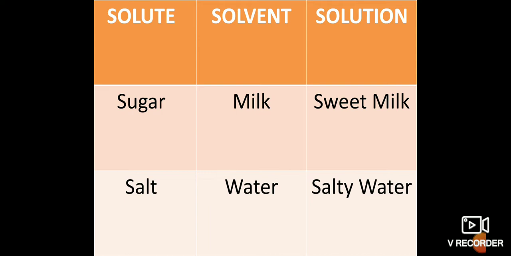When we mix both of them, it will become salty water. Now salty water is an example of solution. Salty water is a solution where the solute, which is salt, and solvent, which is water, are mixed completely. So I hope the terms solute, solvent and solution are clear to you.